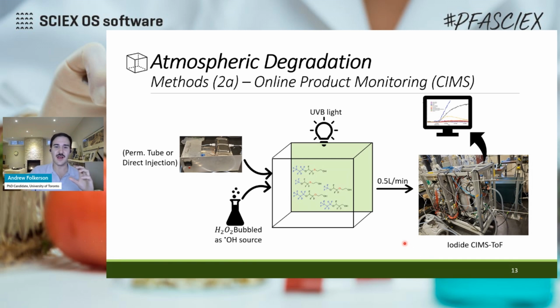And so we can get high frequency measurements of these species. And then additionally, it is providing high resolution data, and so we can get really cool structural elucidation of these species in a live manner throughout this experiment.